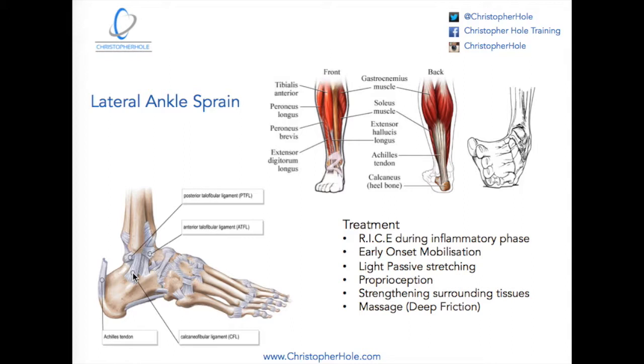The muscles involved aren't necessarily all of the muscles on the outside of the leg, because what you'll find is the tibialis anterior and the peroneus longus start on the outside of the leg here, and then they go across the foot onto the inside part of the foot.